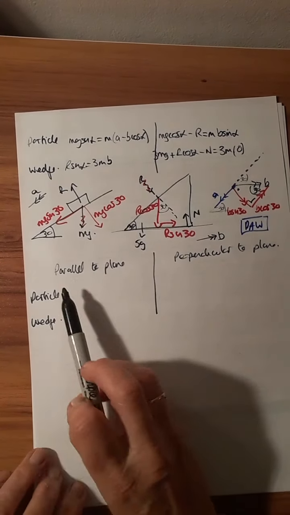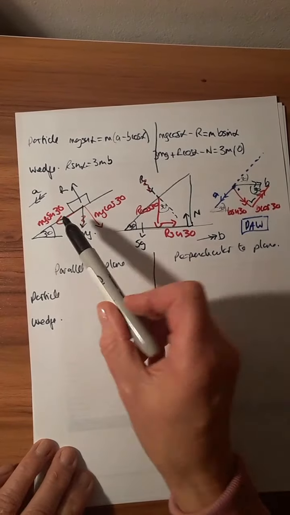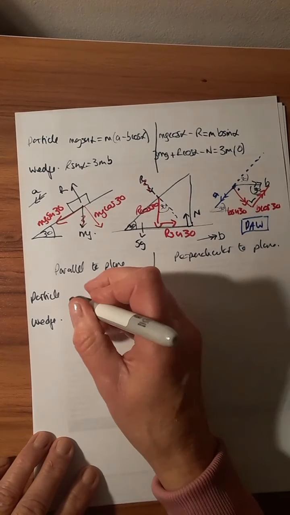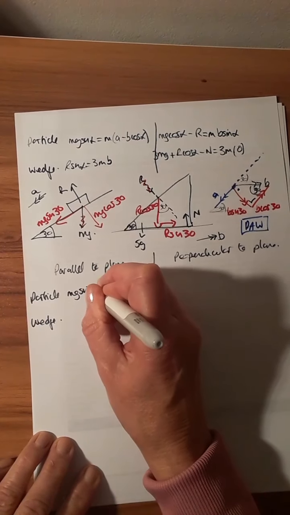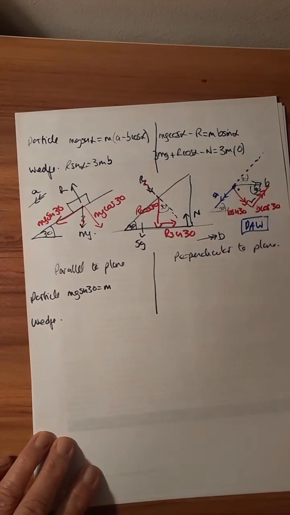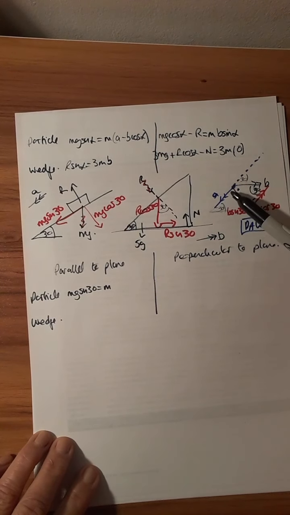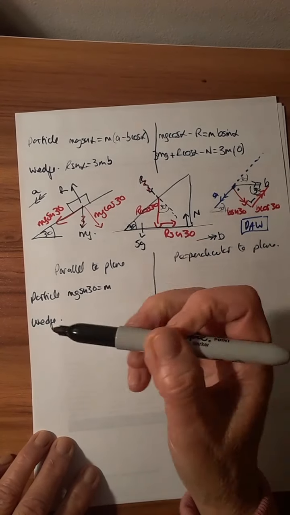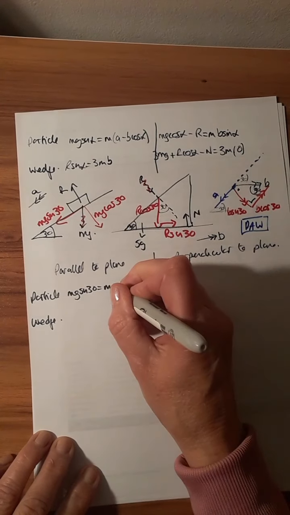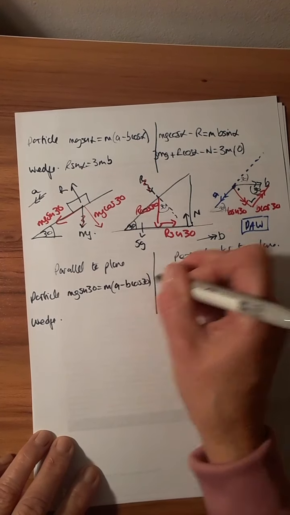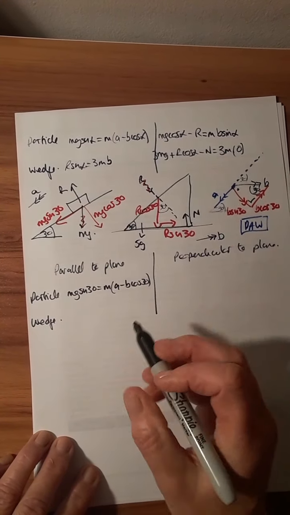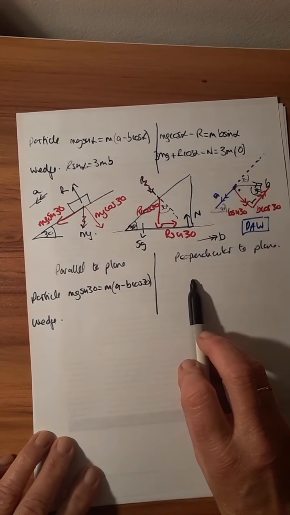So the particle parallel to the plane, that's this one, mg sine 30 is equal to m into, now the acceleration parallel to the plane. So here are my accelerations for the particle. There's parallel to the plane, a and b cos 30, and of course they're in 2 different directions. So it's a minus b cos 30. A is down, b's up. This one over here, perpendicular to the plane.